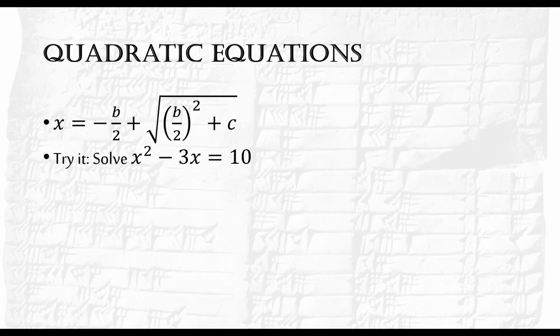So let's try it. Here's a quadratic equation in the form that they would have had it in: x squared minus 3x equals 10. There's your quadratic formula. Give it a try. Solve the quadratic equation the Babylonian way.